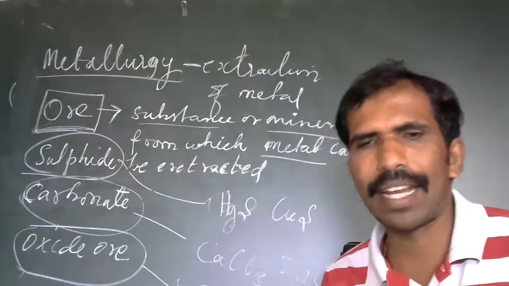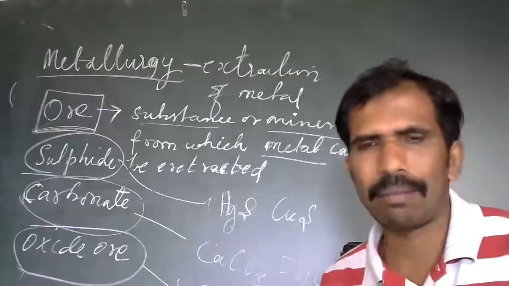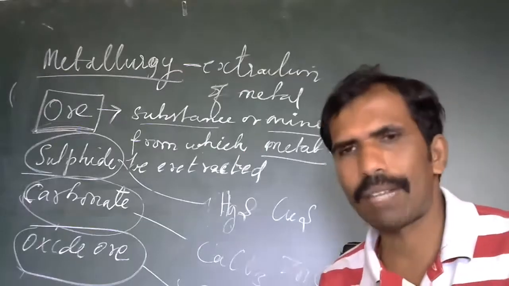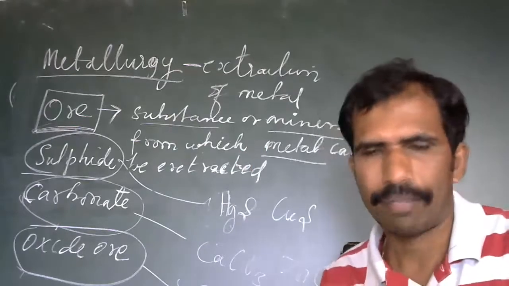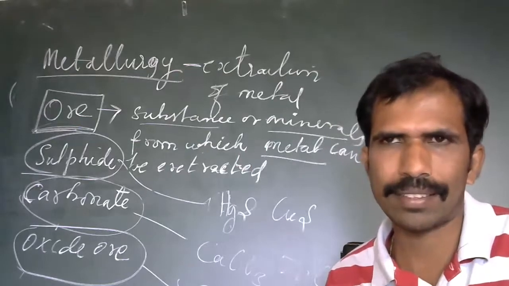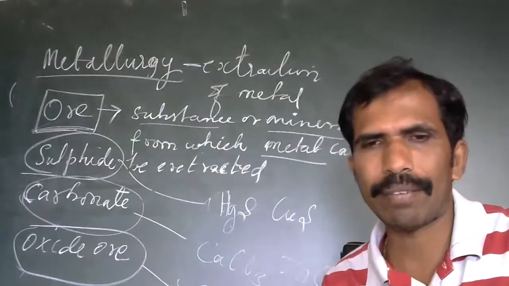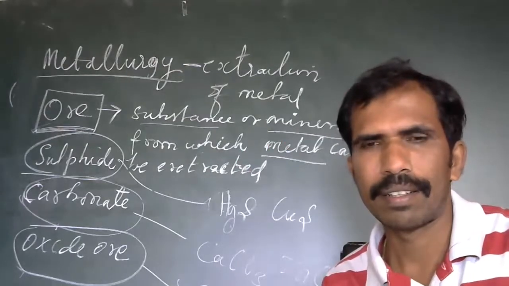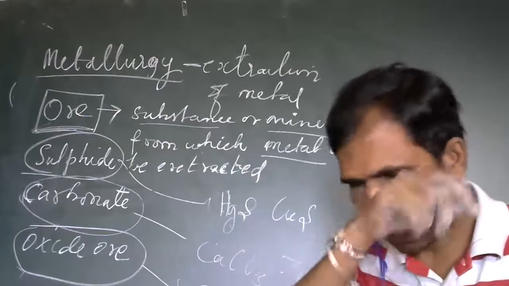In the middle of the reactivity series, there is another method. For less reactive elements, we use the electrolysis method. For medium reactive elements, we use roasting and calcination.